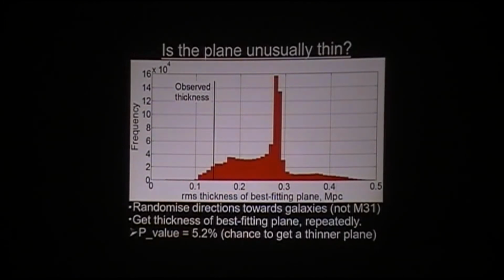So what you do is you randomize directions towards the galaxies. This is what's called a Monte Carlo trial. You get the thickness of the best fitting plane each time, so you have to have an efficient plane finding procedure. And then you see the observed thickness, and how many times do you get something thinner than that. So it's not actually too bad.